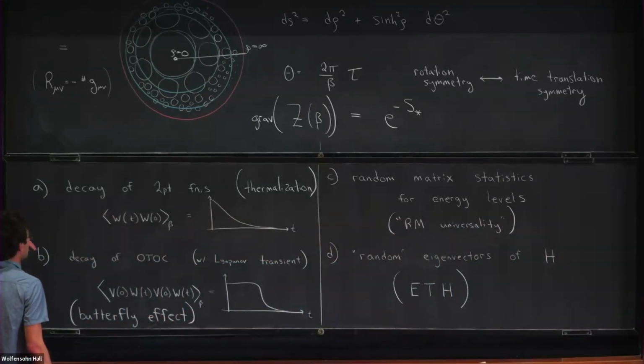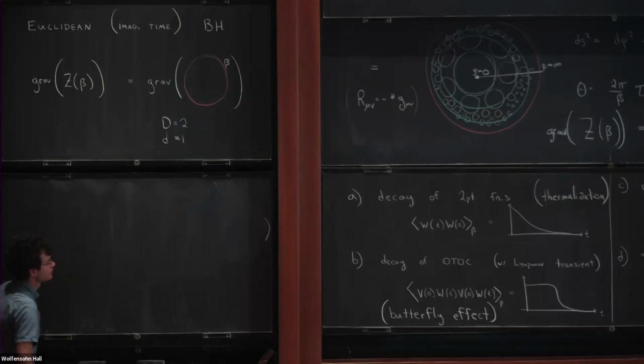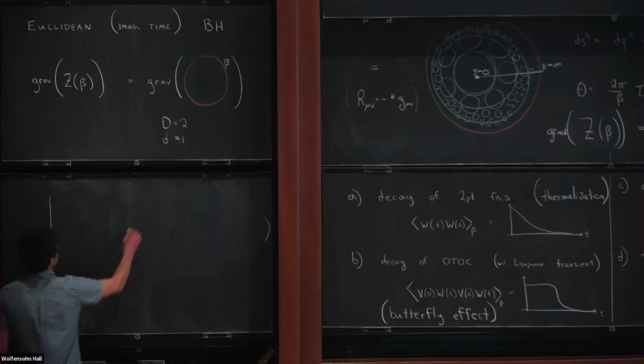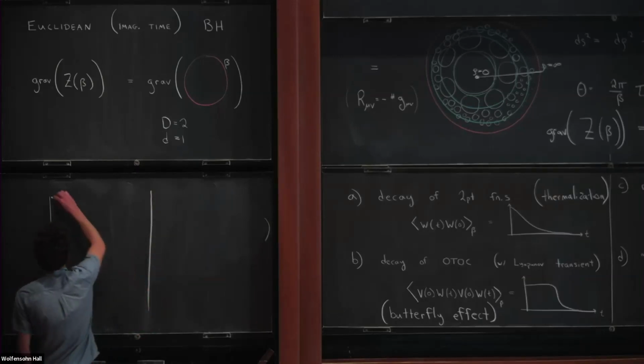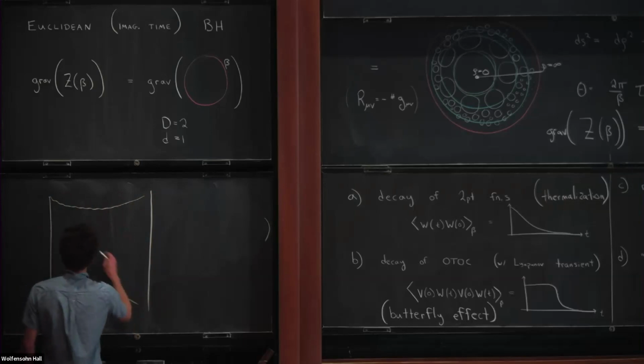Okay, so we're going to start now to compute the two-point functions. To compute the two-point function in real time, here's what we do. We start with our Lorentzian black hole with our two boundaries.